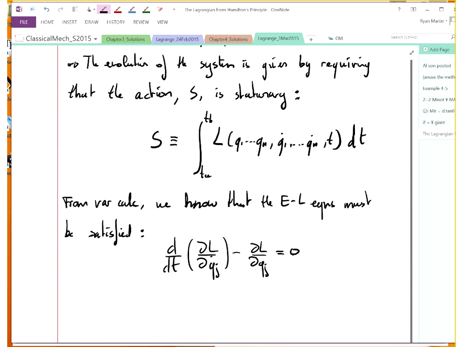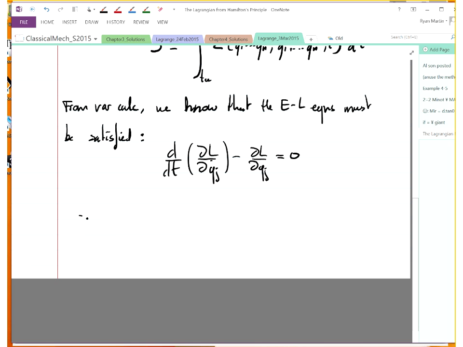Alright, so we've just imposed this, but we don't know what L is. So Hamilton's principle just says that there exists a function L, such that when you find the stationary values of the integral with respect to time, you get the equation of the motion.